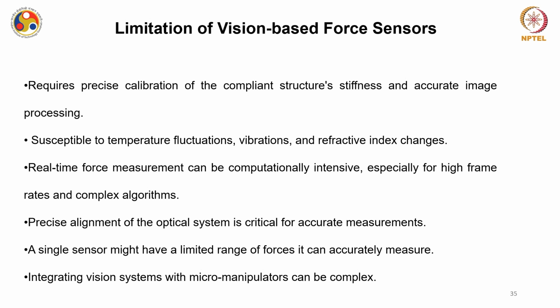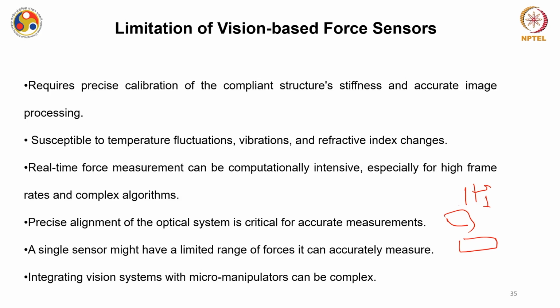Then precise alignment of the optical system is critical for accurate measurement. When I say optical system here, I am talking about a microscope. If I have this object under investigation under a microscope, and I have this lens system, now if the orientation of the object is different, or the lens orientation is different, or if it is not focused properly, or the captured image itself is out of focus, the prediction can go all wrong.